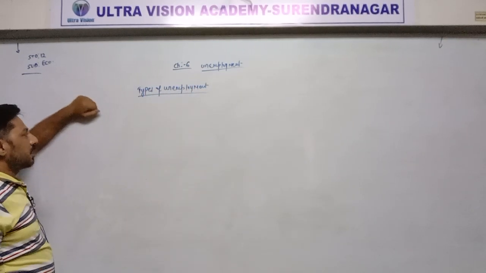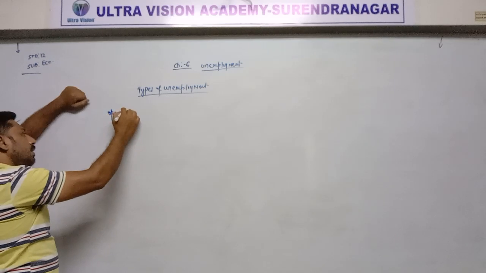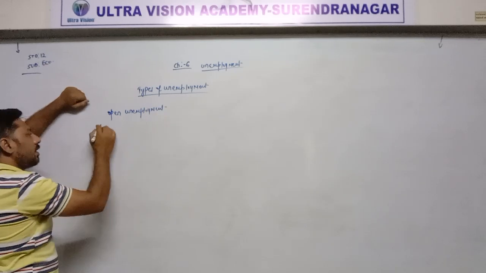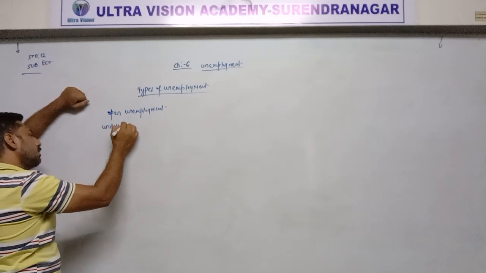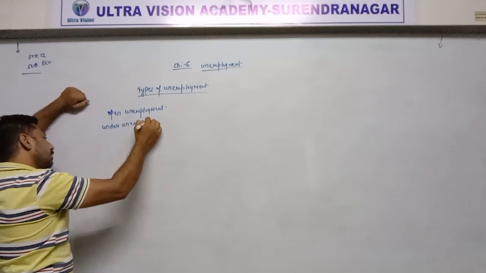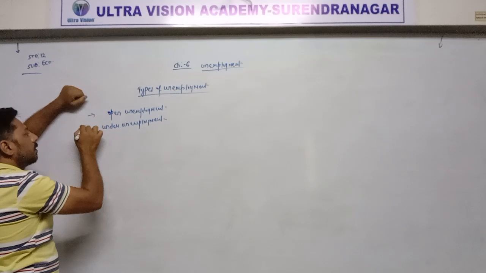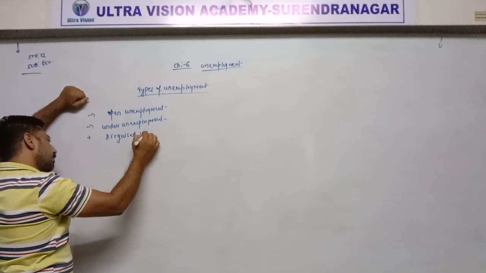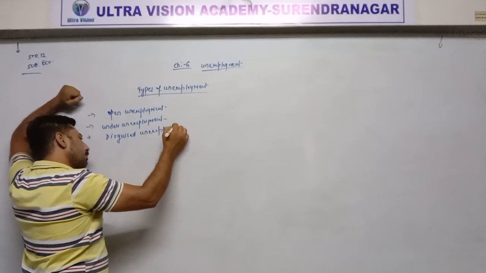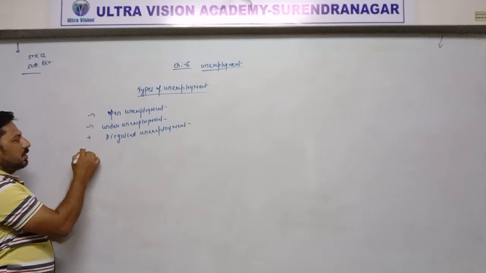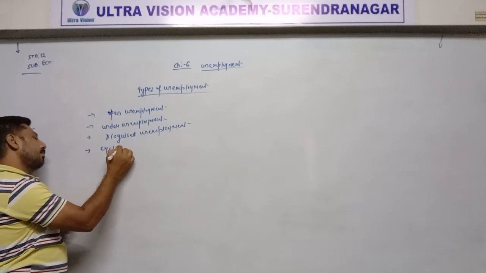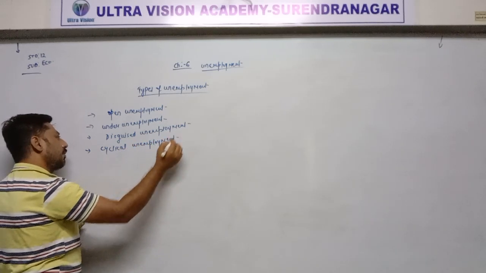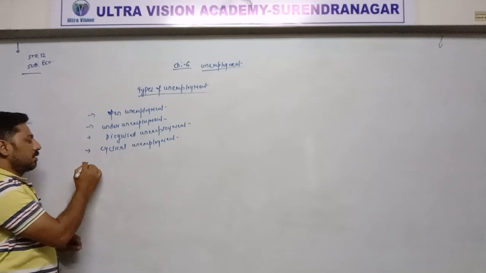in which we have already completed open unemployment, then under unemployment, then third one is disguised unemployment, fourth one is cyclical unemployment, and fifth, last one is frictional unemployment.